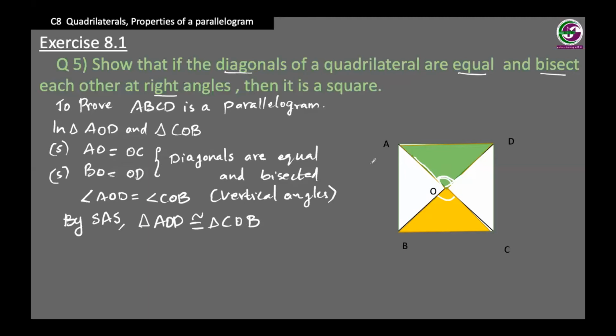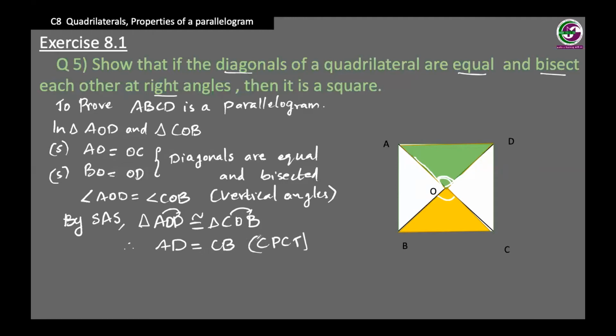So from here, we get the side AD is equal to BC because they are corresponding parts. Therefore, AD is equal to CB. Corresponding parts of congruent triangles are equal.